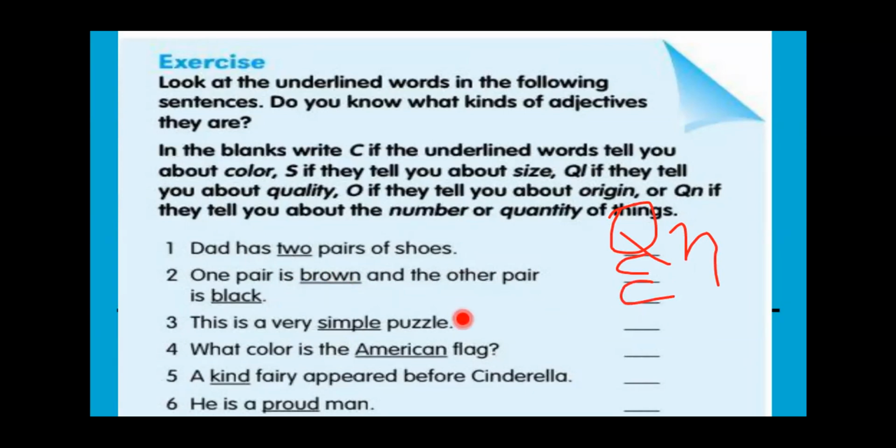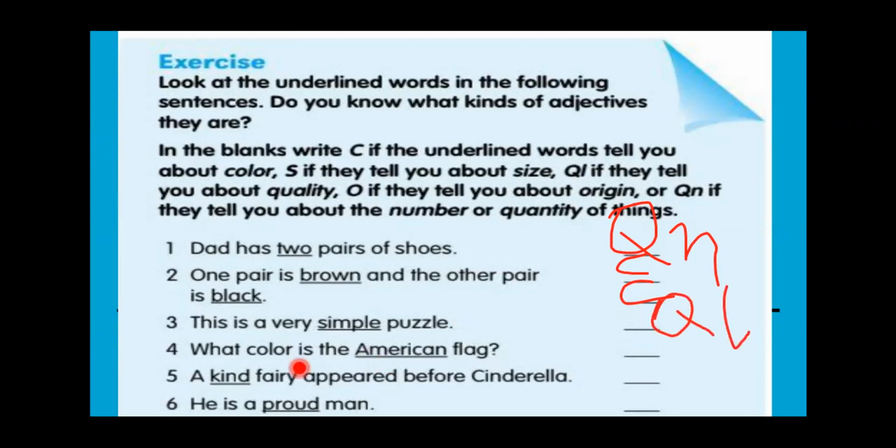Next, this is a very simple puzzle. What's simple? Quality, QL. Because is the word simple telling the size of the puzzle? No. It's telling how is the puzzle? Easy, difficult, simple. So it's saying it's simple. So it's telling the quality. QL.